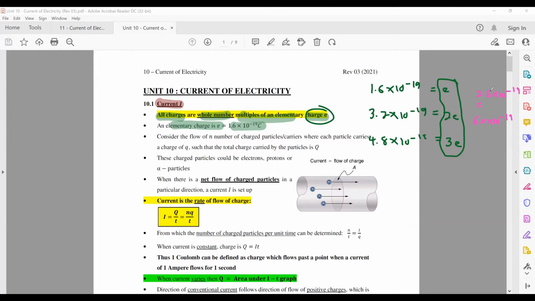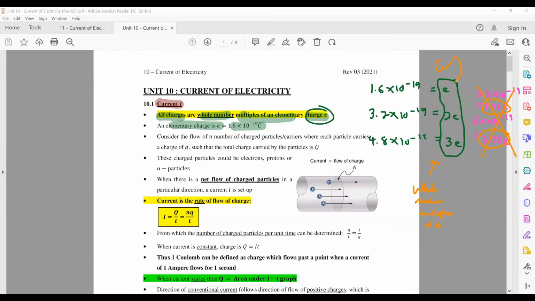this is 2.8. Okay, 2.8 is actually 1.75 of e, and then 6 is actually 3.75 of e. So in cases like this, this one is not possible. Only this one is possible. This one is considered whole number multiples of e.